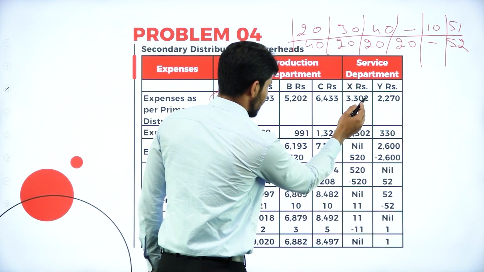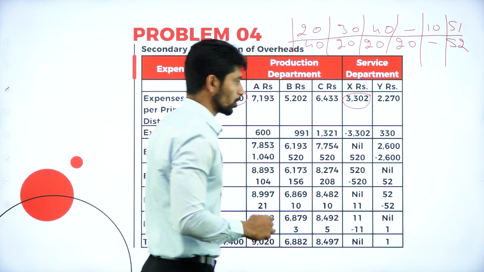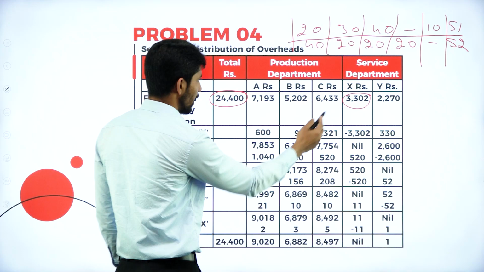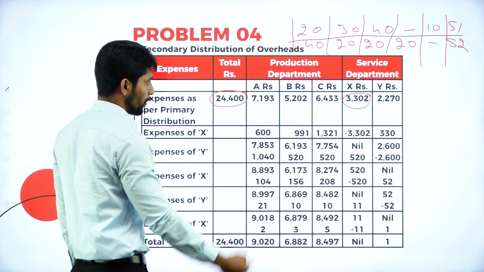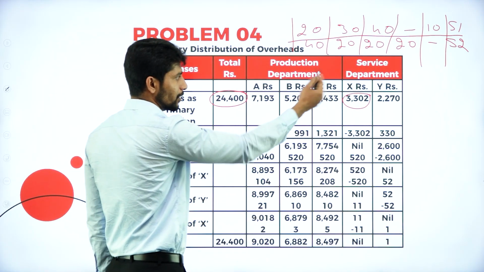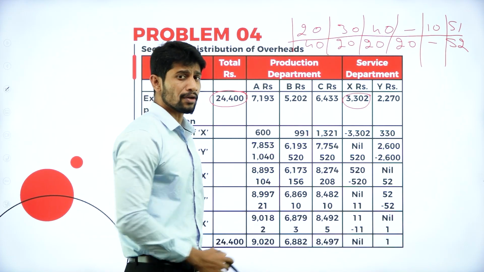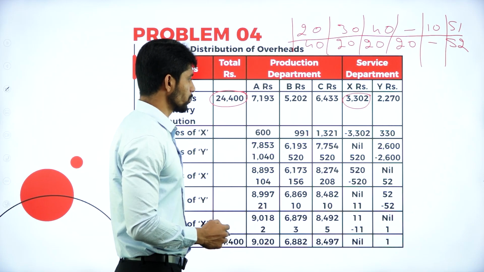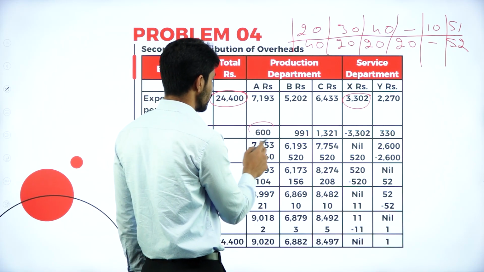First take 3,302 from service department X and distribute among production departments A, B, C and service department Y. 3,302 into 20%, how much will you get? Nearly 600.